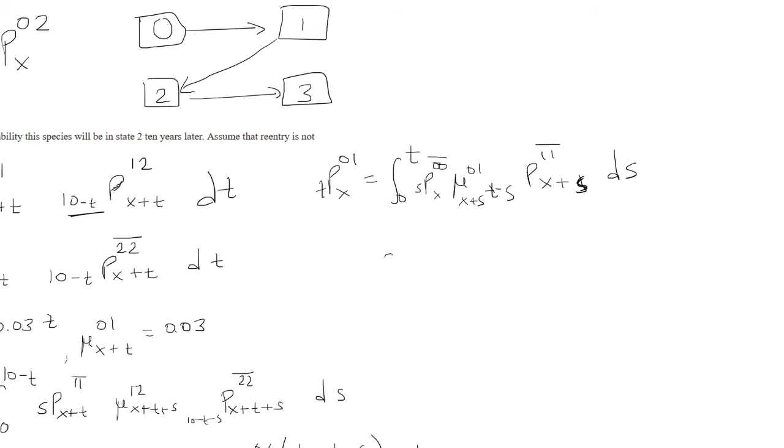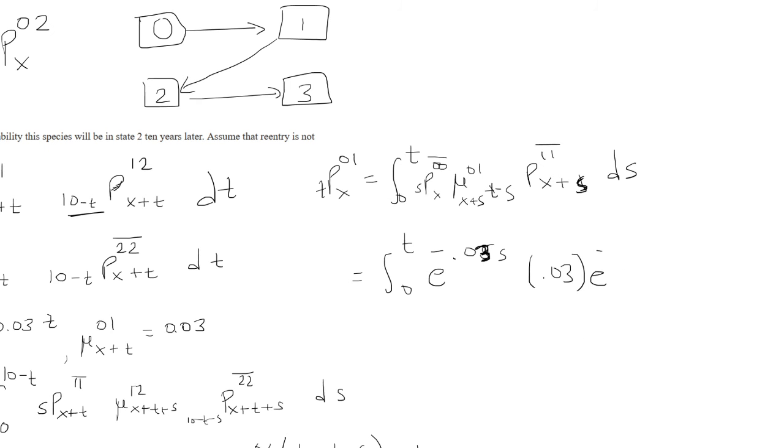Okay. So staying at state 0, that's e to the negative 0.03s. And then the force of transition from state 0 to 1, well, that's 0.03. And then staying at state 1, let's see.